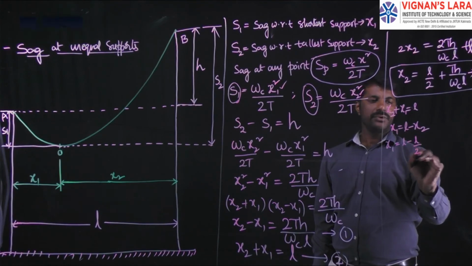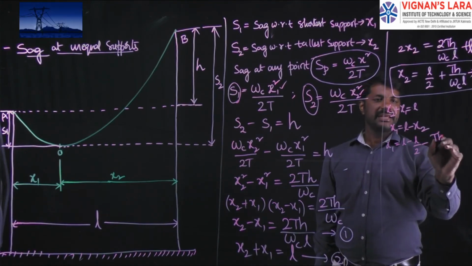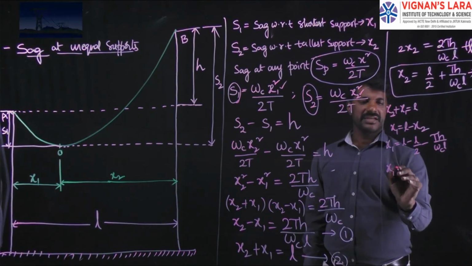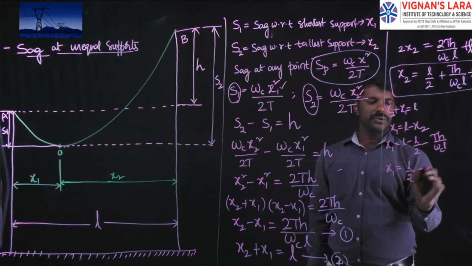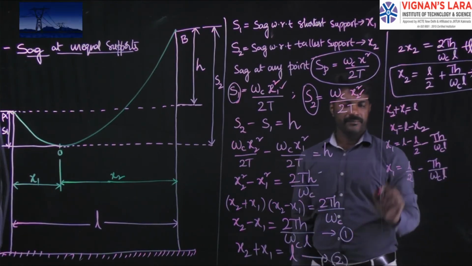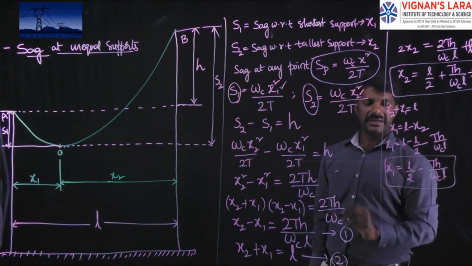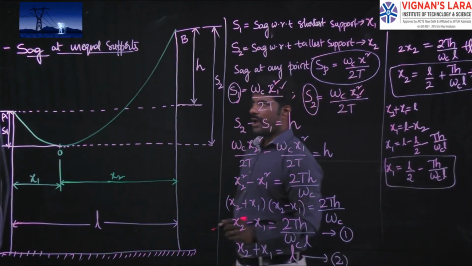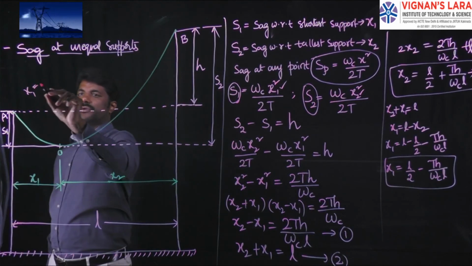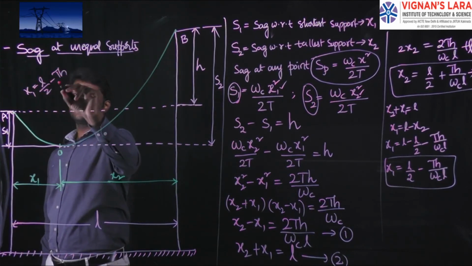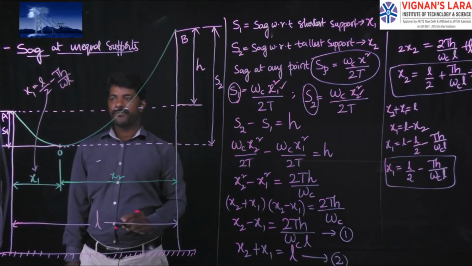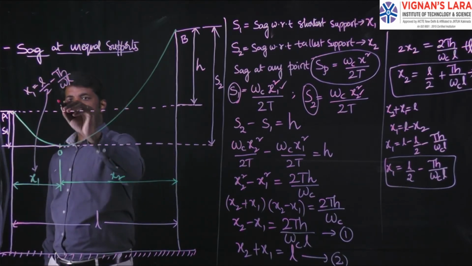L by 2 plus th by WCL. So that x1 is equal to L by 2 minus th by WCL. So finally we got the magnitudes of x1 and x2. The objective is to find x1 and x2. So this is the x1 value, helpful for calculating S1 using the formula.